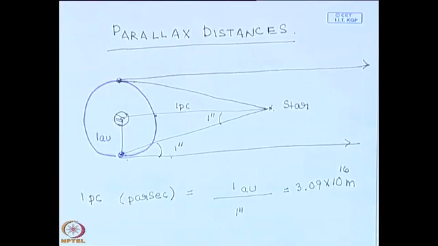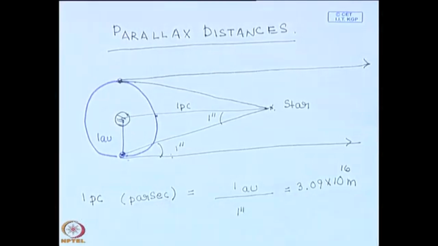So, this is 1 parsec, that is the distance scale outside the solar system. So, within the galaxy, for the stars that we see, we shall be talking about distances in parsecs, kiloparsecs, etc. Okay. So, this is the first thing.